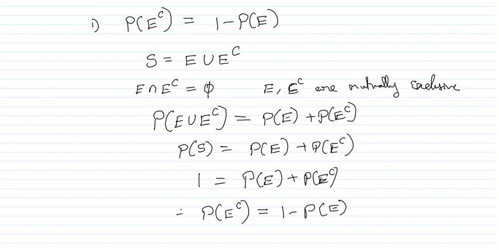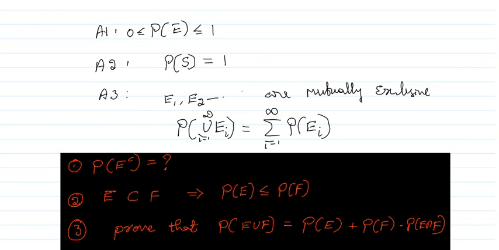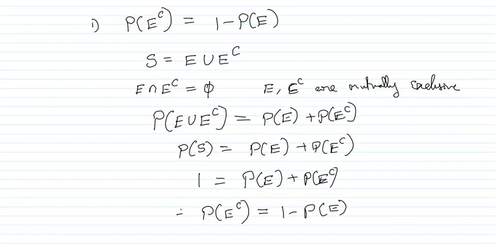Next, and the next one: if E is contained in F, we need to show the chance of getting E is always less than or equal to the chance of getting F. Has anybody tried this proof?